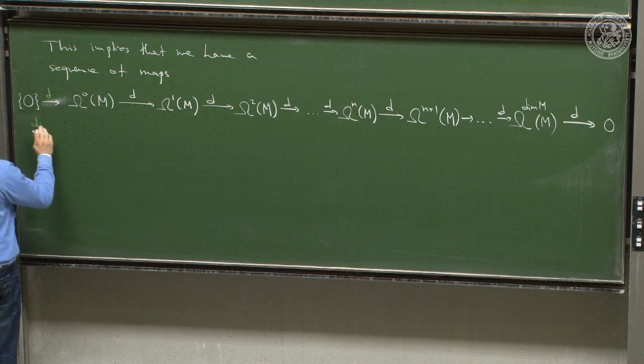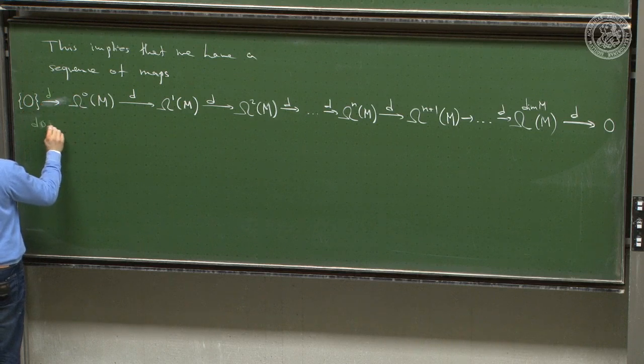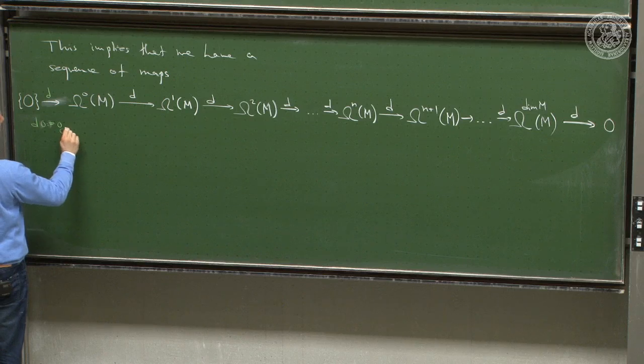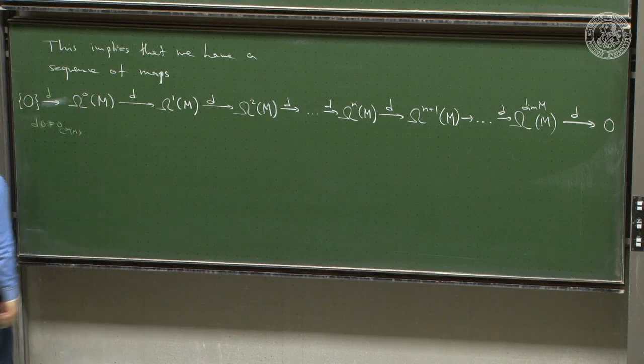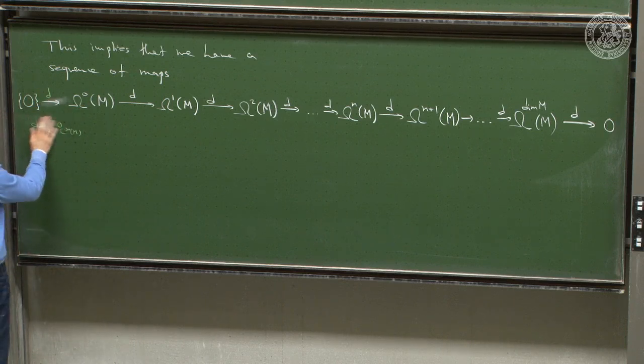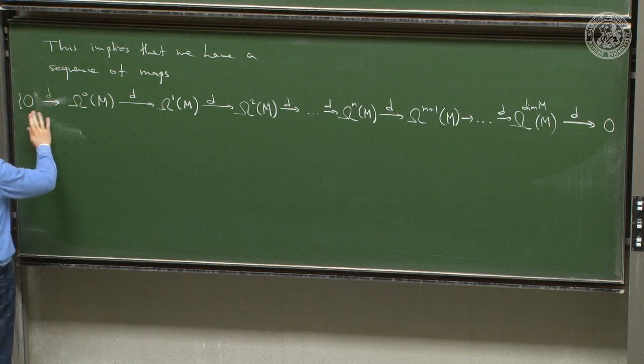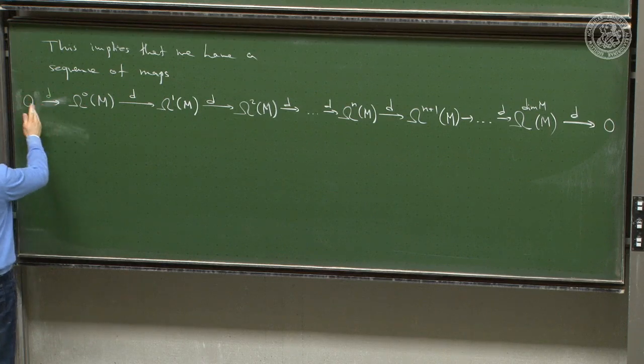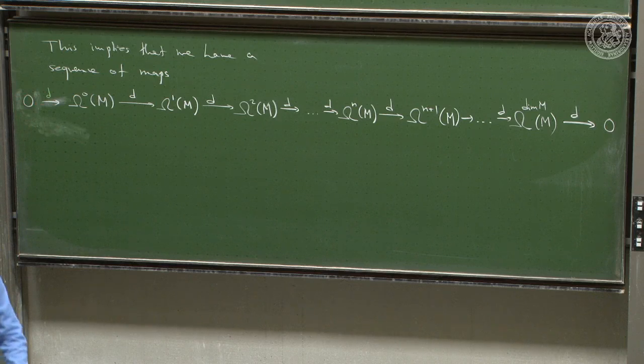So the green d just takes the 0 in here to the 0 in C infinity m, in the 0 forms. So I extend this a little to have this entire line, and it's also customary to not write these brackets.